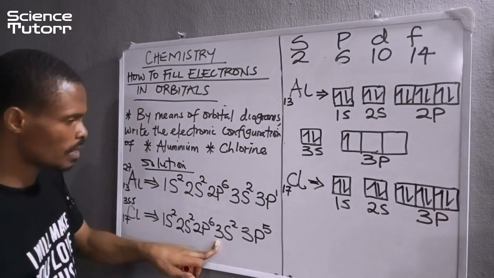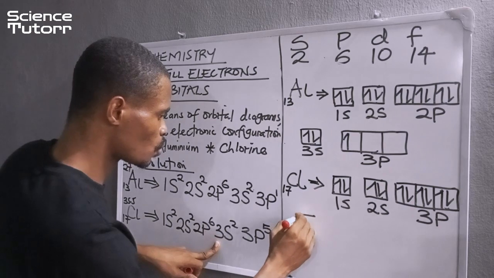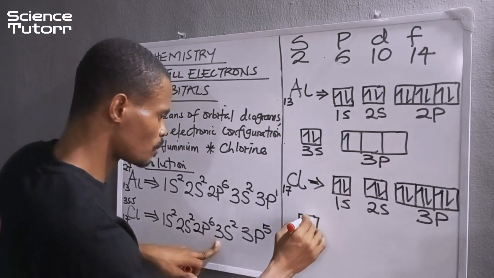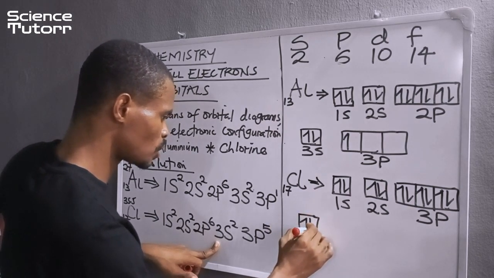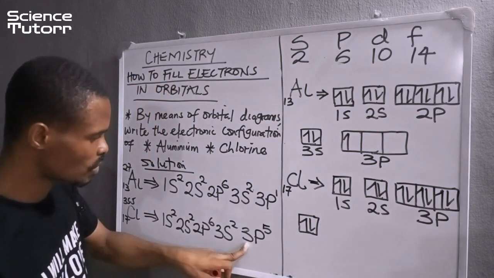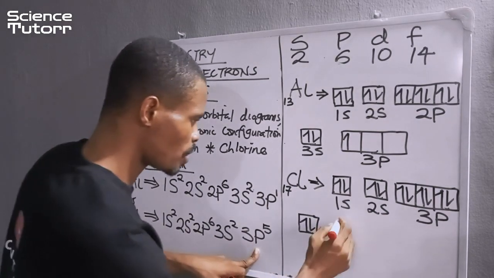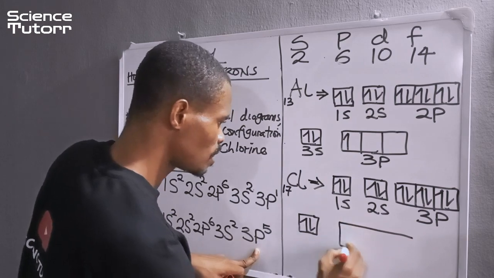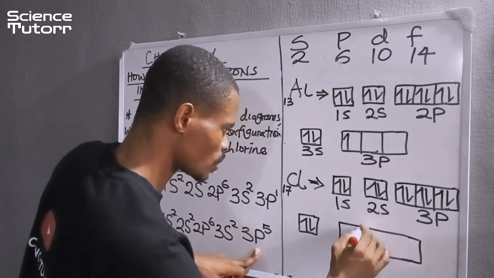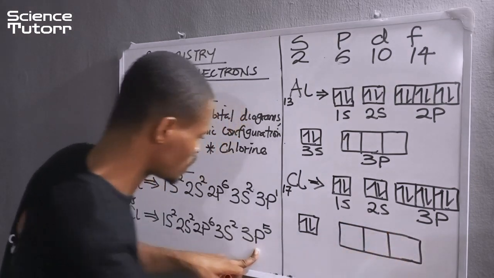The next is 3s. S holds a maximum of 2 electrons, one spins up, the other spins down. The next is 3p5. P, remember, has 6 electrons maximum across x, y, and z.